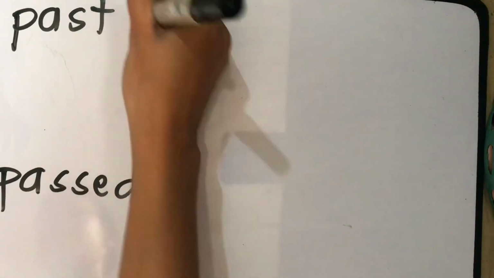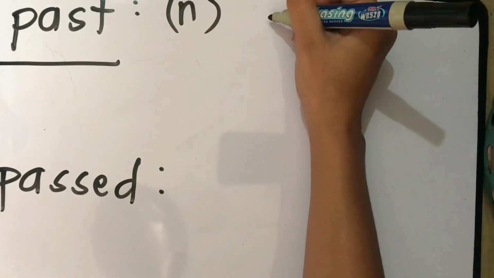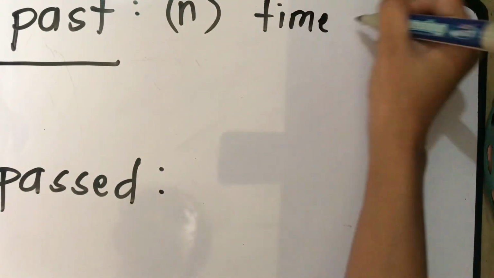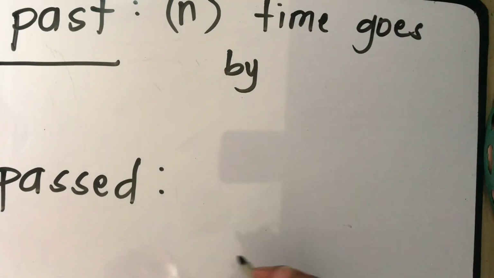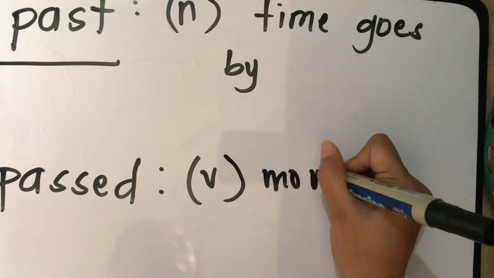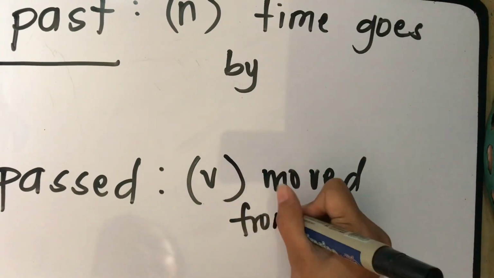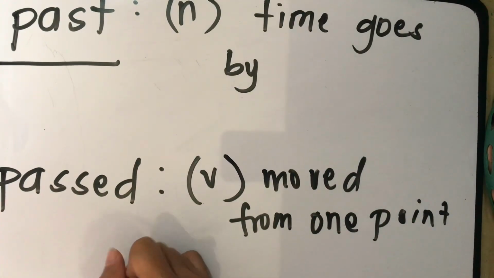We have here communication skill builder, differentiating between past and passed. So past is a noun, which means time gone by, while passed is a verb, which means moved from one point to another.